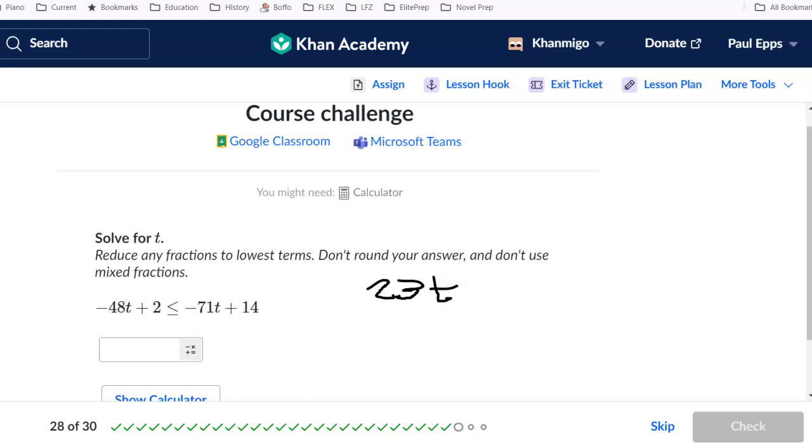And then subtract 2 from both sides. So we'll get 23t is less than or equal to 14 minus 2, 12. We really should have this for t, so we can divide both sides by 23.